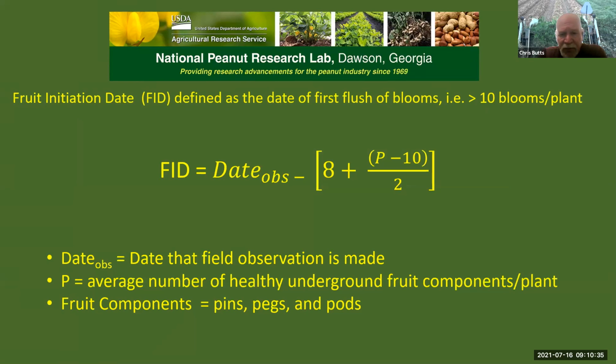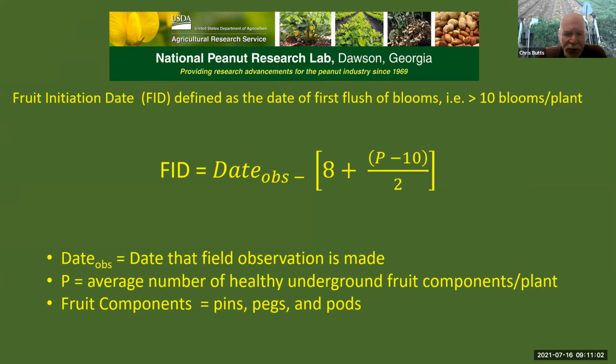Jim Davidson, when he developed this program, defined fruit initiation date as the date of the first flush of blooms, and he put a number on it of when we had an average of 10 blooms per plant. Of course, blooms come and go in about a day, so it's hard to count those on a plant.